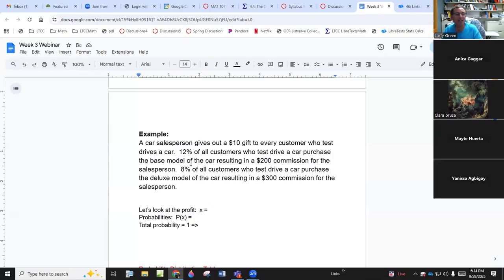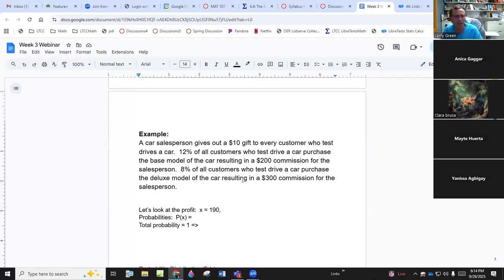Yeah, it's 190 because your revenue is $200, but you had to give them a $10 gift. So you're making $190. That's pretty good if you make that amount of money. So that's your first possible value of X, the profit.